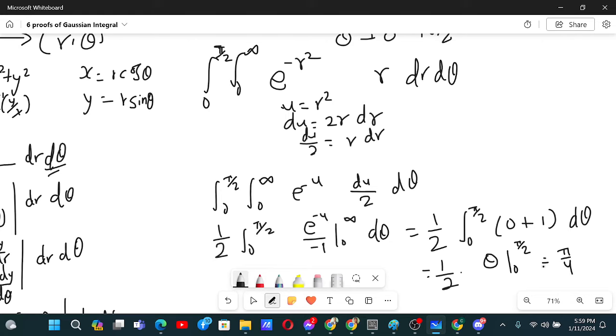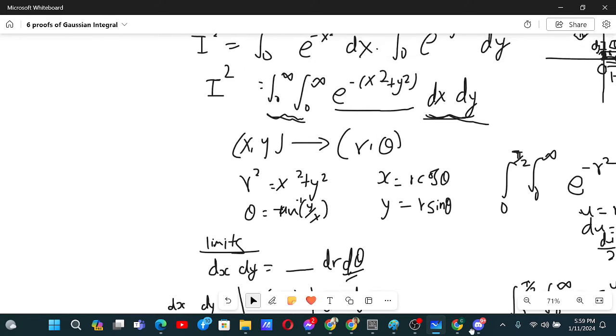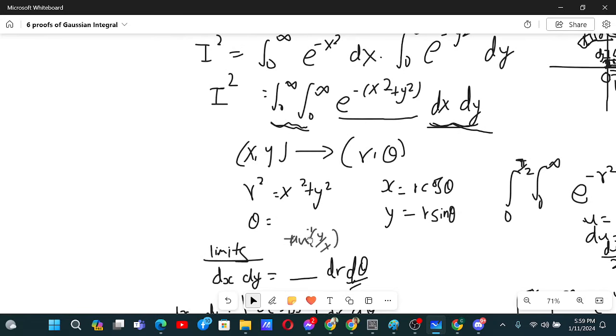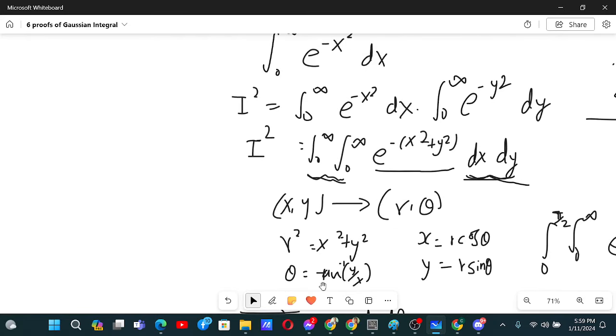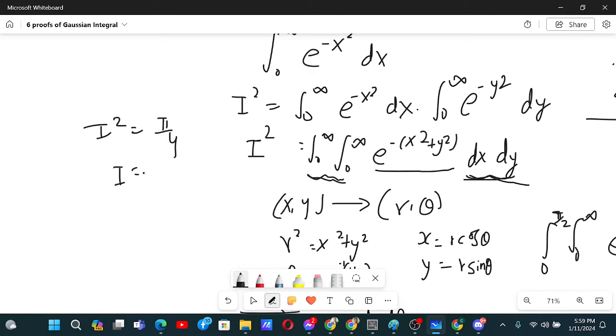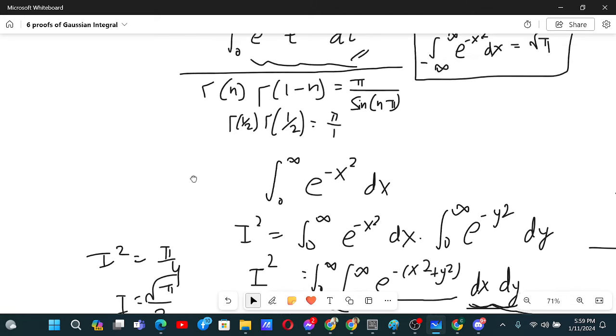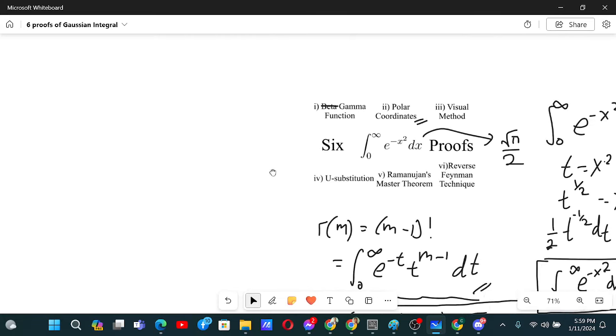Now this was I square. So I square equals pi by 4. What does that mean? I is root pi by 2. That's the answer. So over here it's the same answer, root pi by 2.